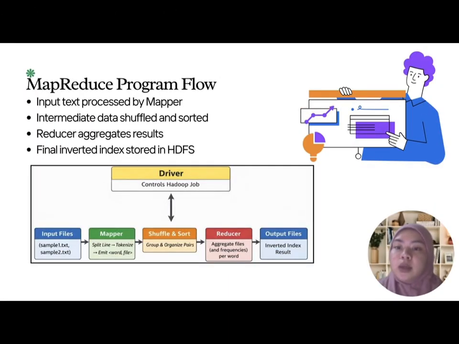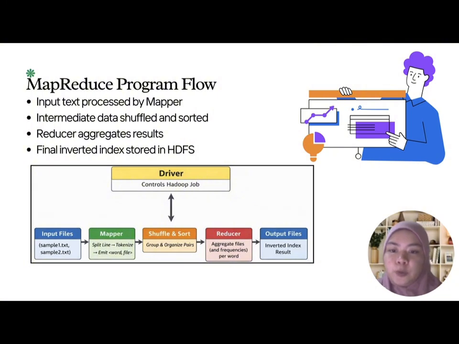In this slide, I will explain the MapReduce program flow. Here is the diagram for the program flow. Firstly, the input text files stored in HDFS are processed by the mapper, where each line of the text is read, tokenized into individual words, and emitted as intermediate key-value pairs in the form of word and file name.